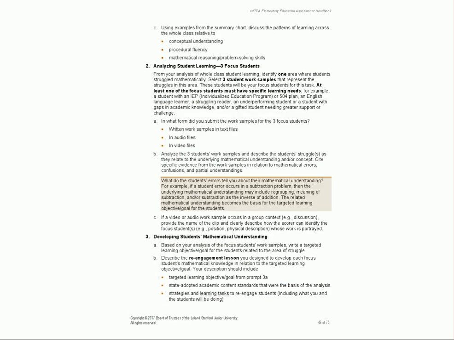So C on this page. So using examples from the summary chart, discuss the patterns of learning across the whole class, okay? Relative to, and of course, all three, our three friends for the math task.